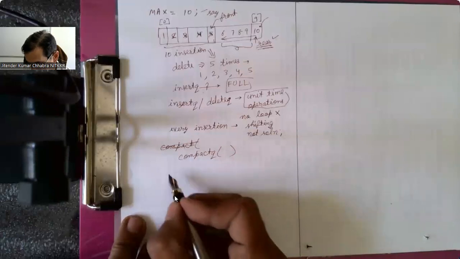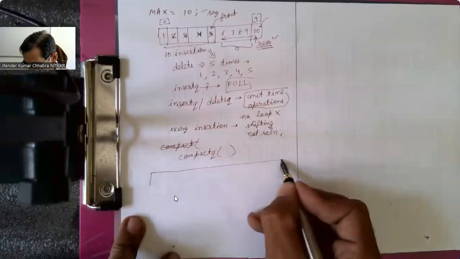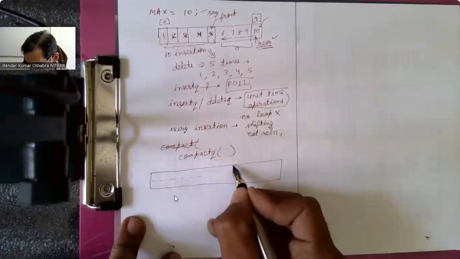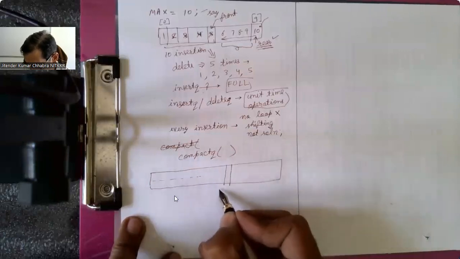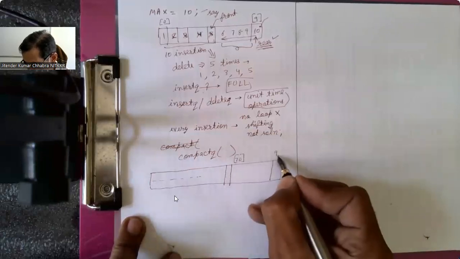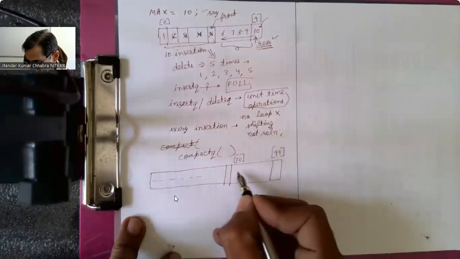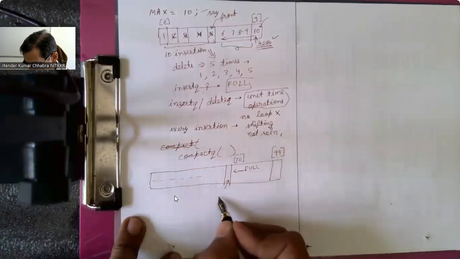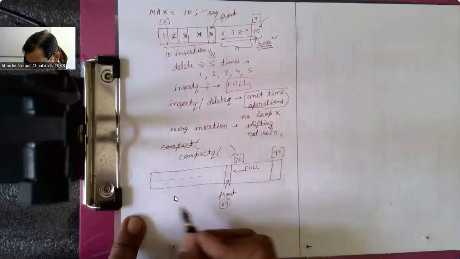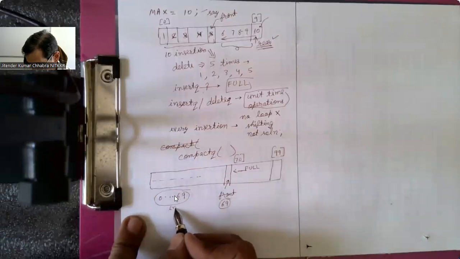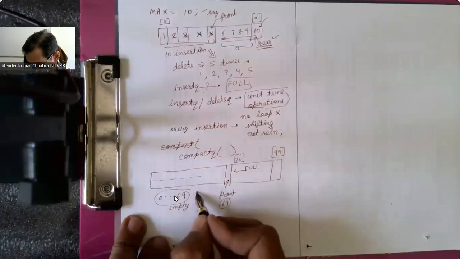Compact queue means that if inside the queue there are some initial spaces available, and your data is stored, let's say, from index 70 onwards up to 99 if max was 100, so this is full, and front has reached, let's say, 69. Then effectively 0 to 69 is empty. These places are empty.